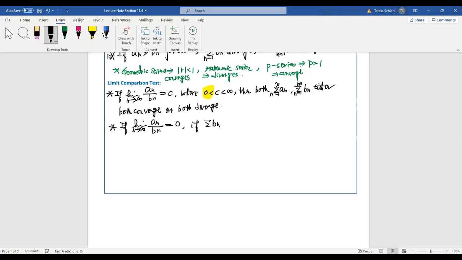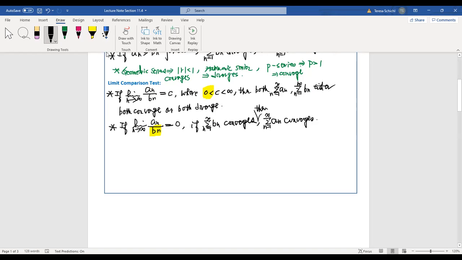So now we know if this is equal to 0, and bn converges, then we know an has to converge. This is also intuitively true, because when the ratio goes to 0, my bn is getting bigger and bigger relative to an.